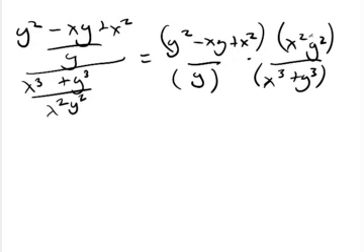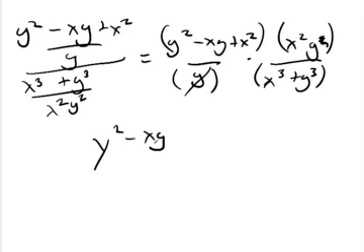Here the values of the y will cancel, leaving just one y. Y cancels out, and instead of y squared you just have x squared times y. So we have y squared minus xy plus x squared times x squared times y, divided by x to the third plus y to the third. X to the third plus y to the third is one of those special cases, and it can be rewritten, well, let's just move the equation down.